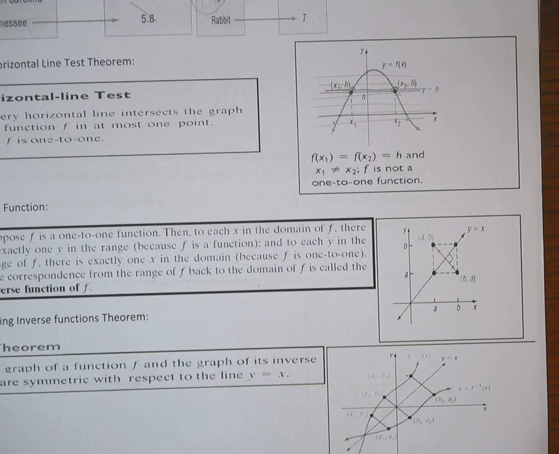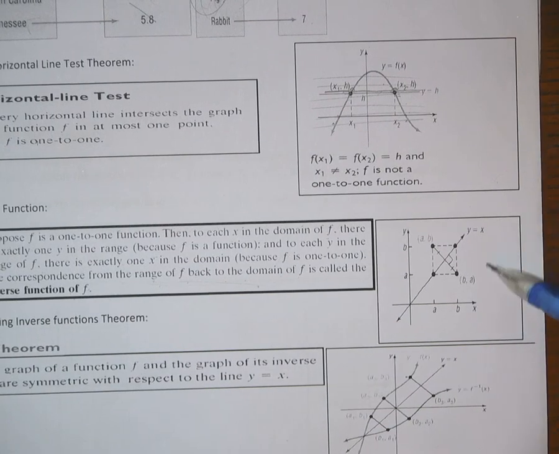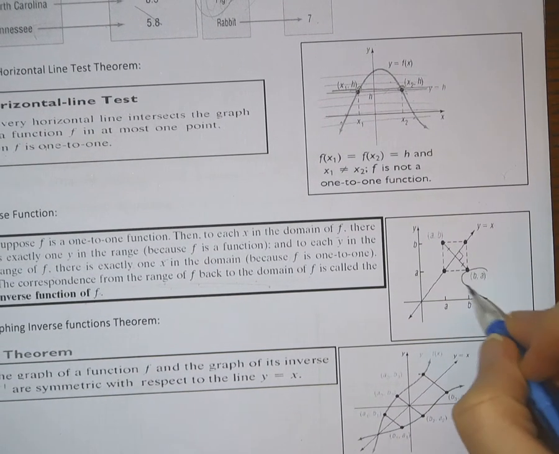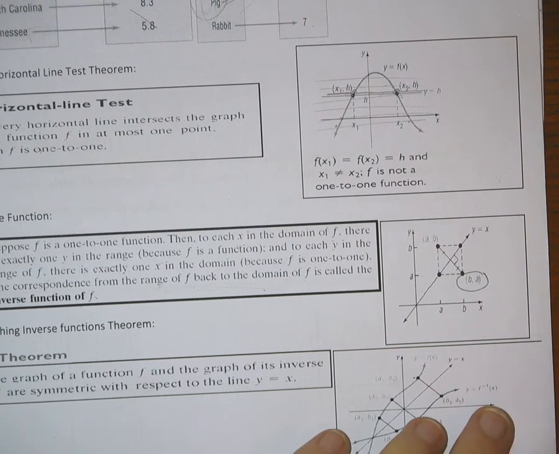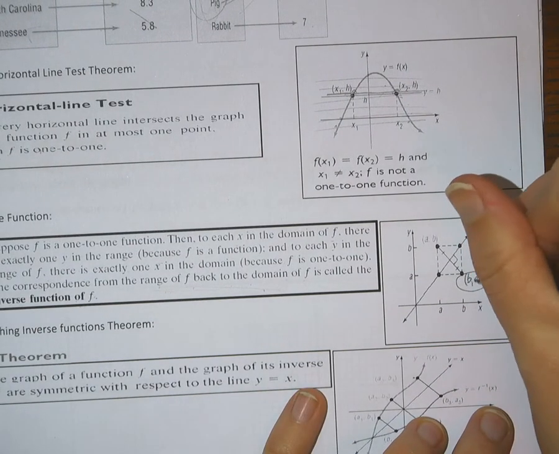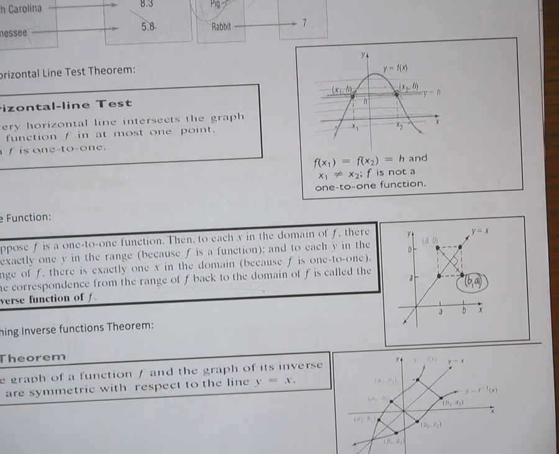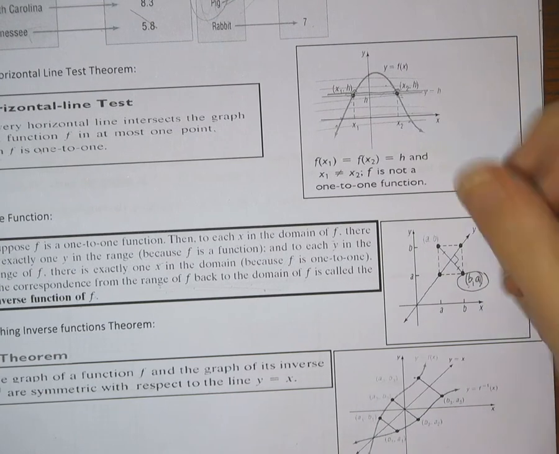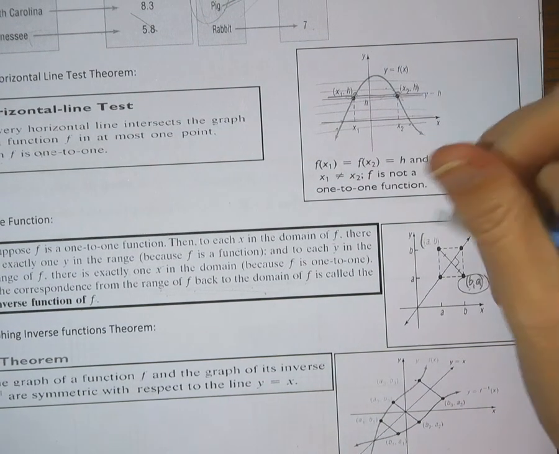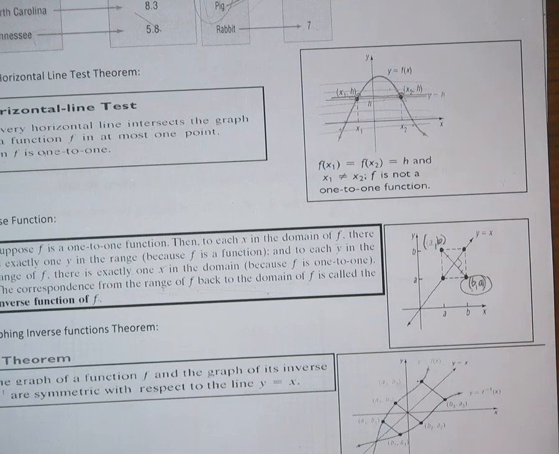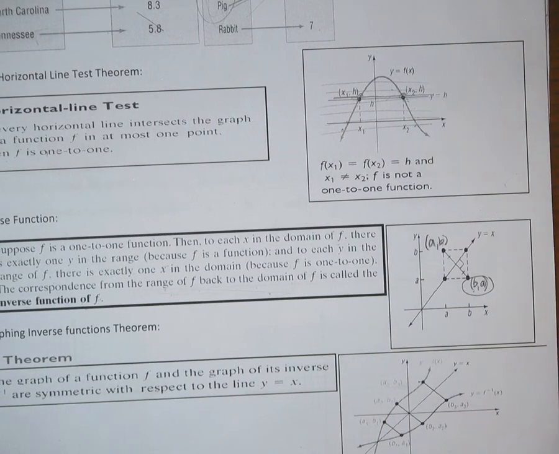So if we think about this, we're just taking all of our points. So this is a little tough to see, but this is the point B, A. And we're flipping the inputs and the outputs, or the x's and the y's. So if I had B, A before, that B would become my new y value, and that A would become my new x value.